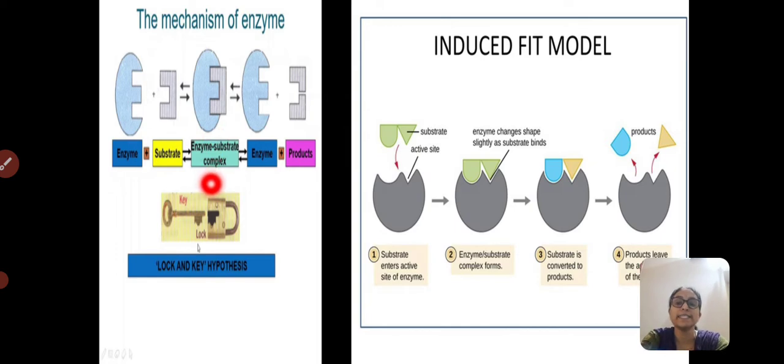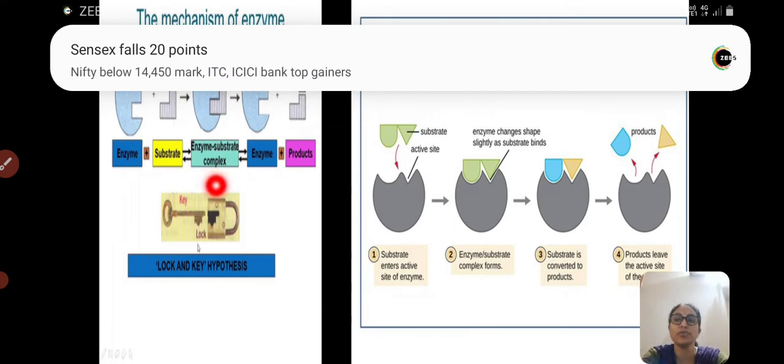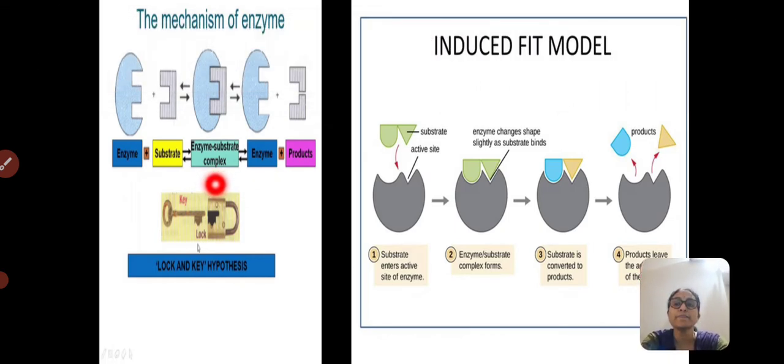That is the transitional stage in the enzymatic reaction, the formation of the enzyme-substrate complex. And later the enzyme gives out the products. There is a catalytic reaction of breaking the older bonds and making new bonds, and thus the substrate is converted into products, and the enzyme is released without undergoing any chemical change.